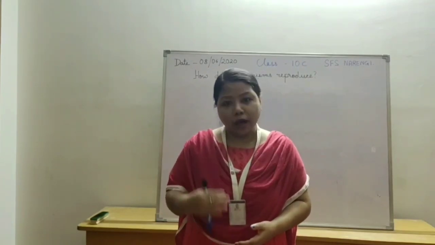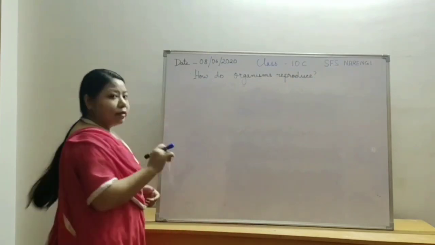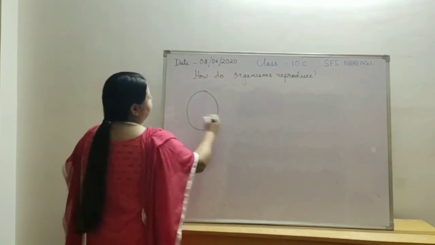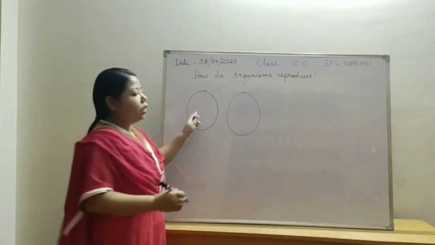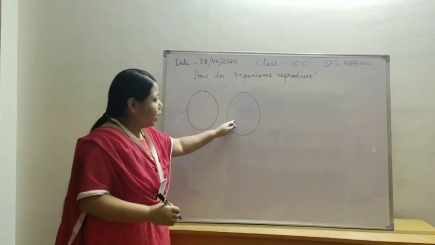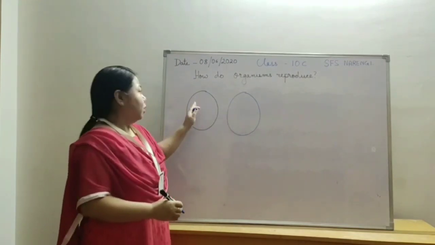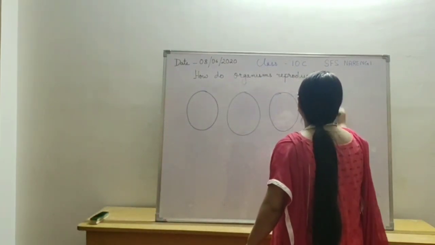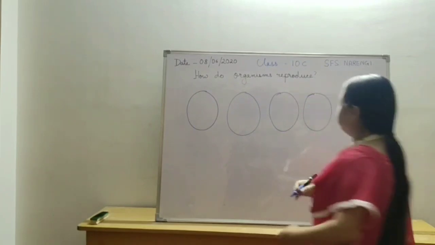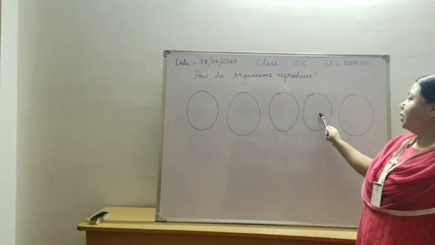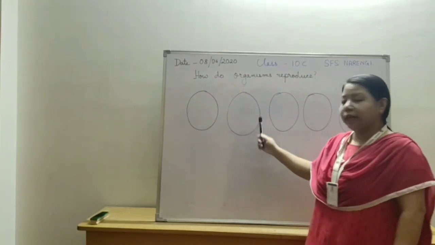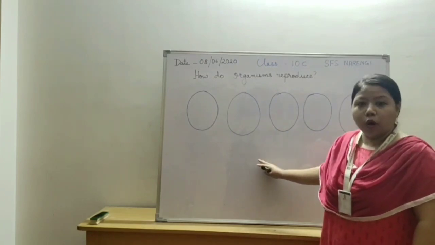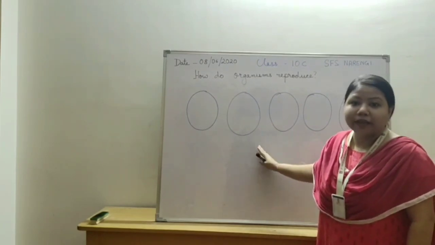Now, if I am asked to make a circle 5 times, yes, so make a circle 5 times. I am making the circle 5 times and I need to make same exact circles. Okay, so this is the first circle, second, third, fourth and the fifth. So these are the 5 circles. Now children, look at it and tell that are these circles similar or exactly identical.